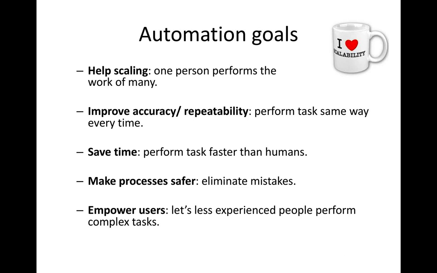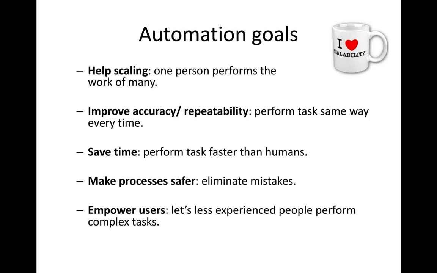And now I can run that task dozens, hundreds, even thousands of times without having to go and hire more people. And because I'm automating that task, I'm generally writing some sort of code to perform that task.